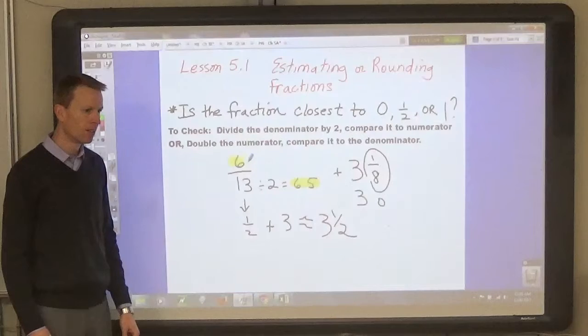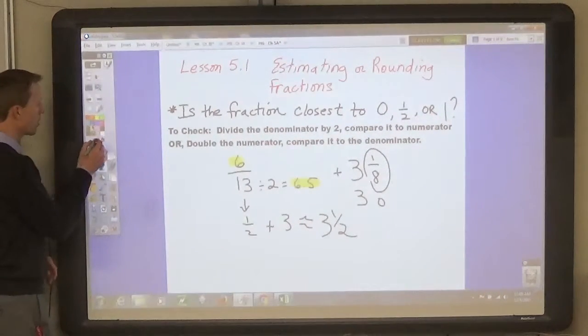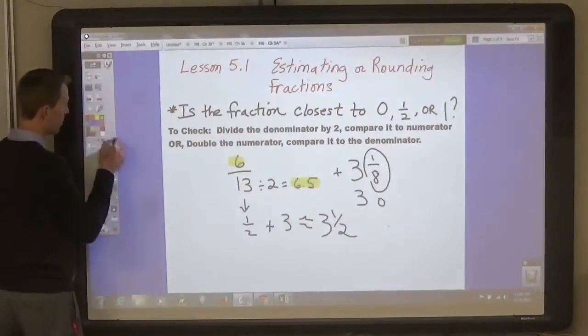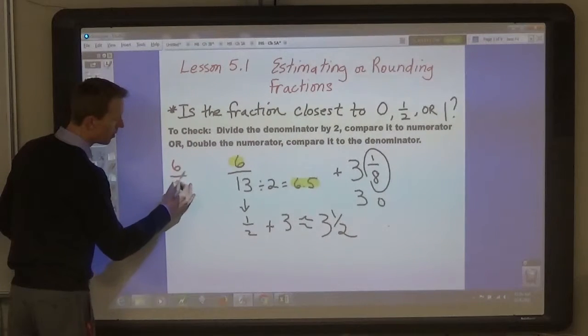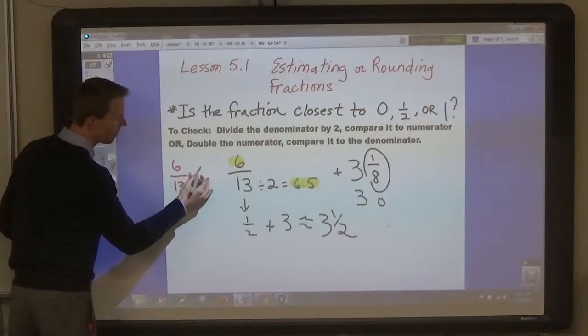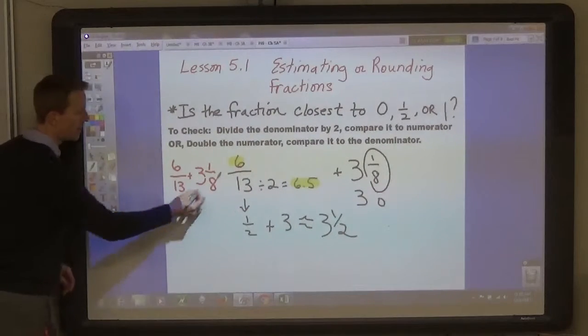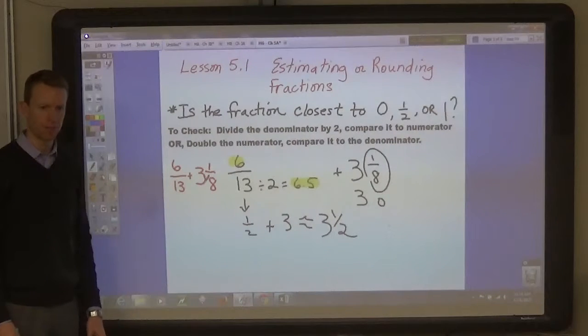Okay? Now, if we were starting with this problem, 6/13 plus 3 1/8, and it said estimate 6/13 plus 3 1/8. Okay?